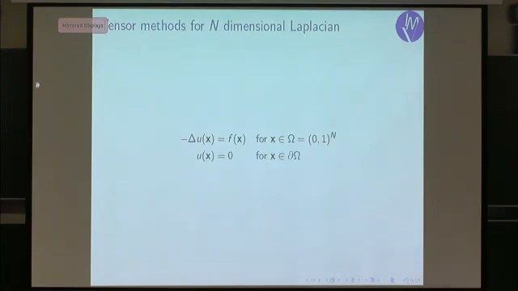And since this is technically complicated stuff, I would like to simplify it as much as possible. So let us switch from the Fokker-Planck operator to just the Poisson equation. This is a problem that everyone knows well, and it's pretty standard. The only difficulty is that we have n dimensions.